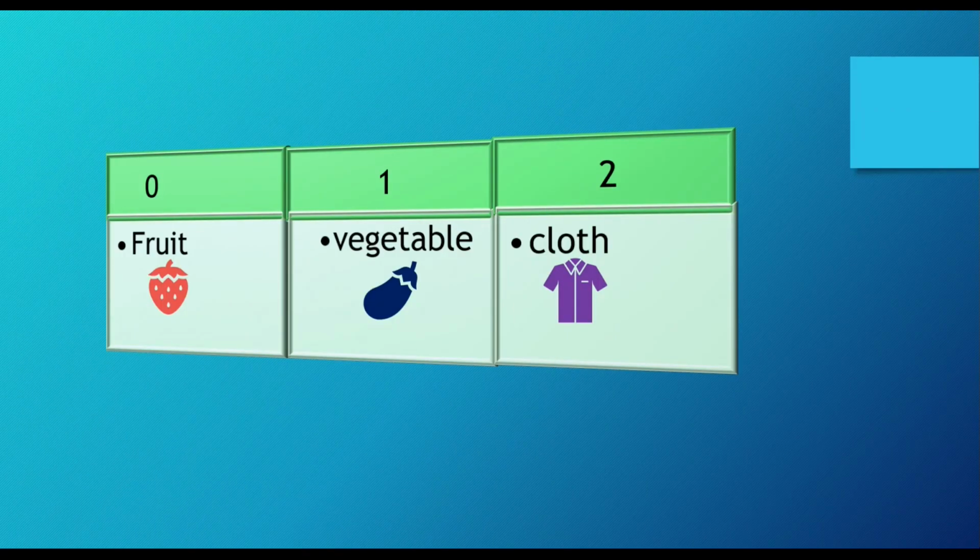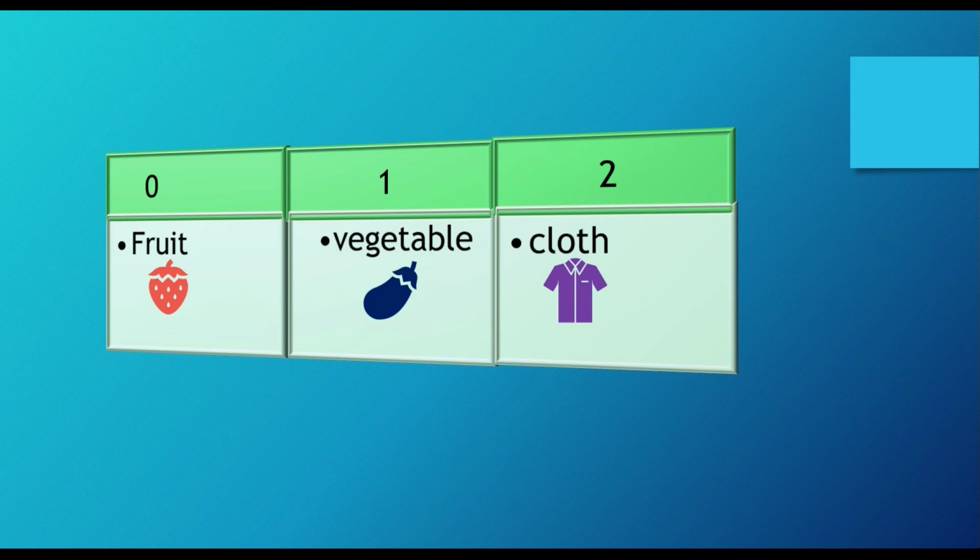Okay, so let's say you have gone to a supermarket. There you see three containers or three racks. In the first rack you see fruits, in the second rack you see vegetables, and in the third rack you see clothes.